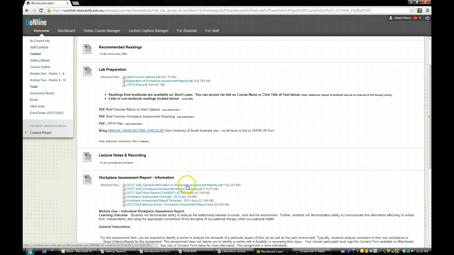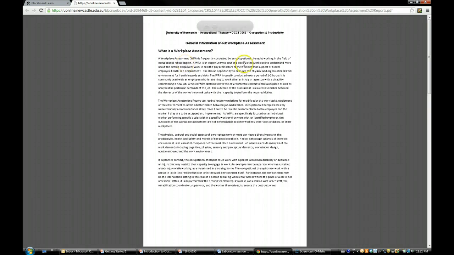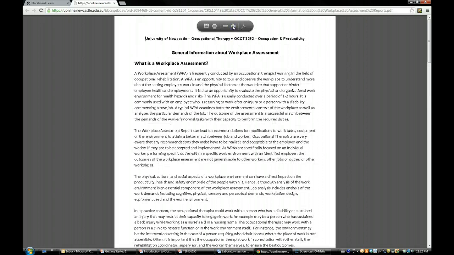So for example, in week 2 they could go into having a look at their assessment, and the first document here just explains what a workplace assessment is. So if you can see this, I've put together a form, and it's just general information about a workplace assessment. What is it?